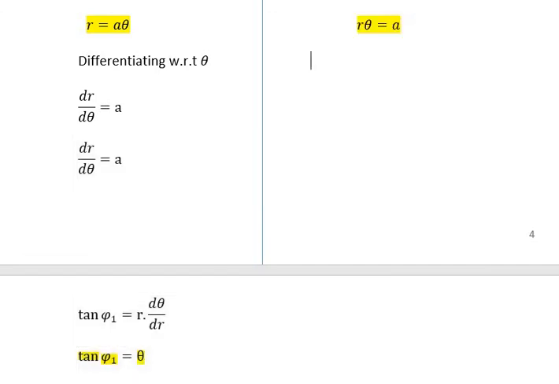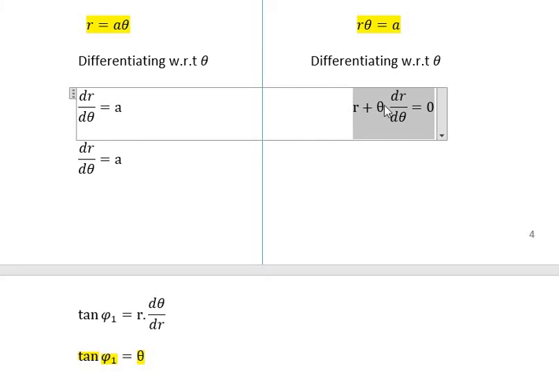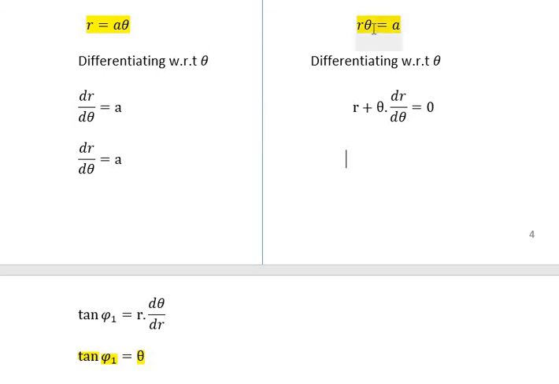Now, another equation rθ = a. Differentiate this also with respect to θ, we get r + θ dr/dθ = 0. Here, we made use of the product rule. The derivative of this equation with respect to θ means r you keep as it is, differentiate θ, 1.